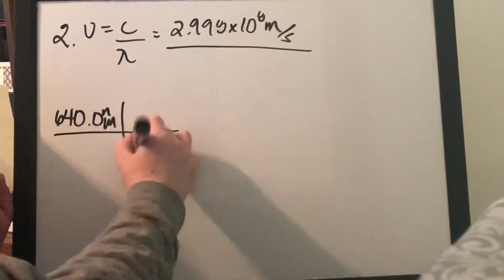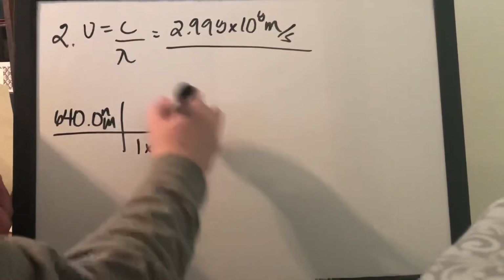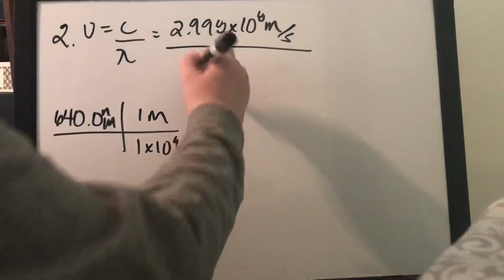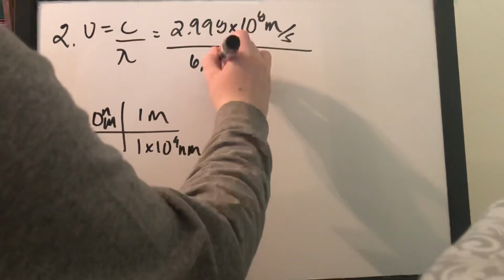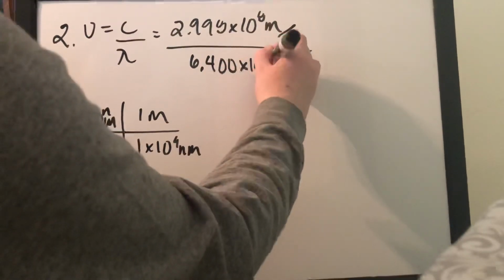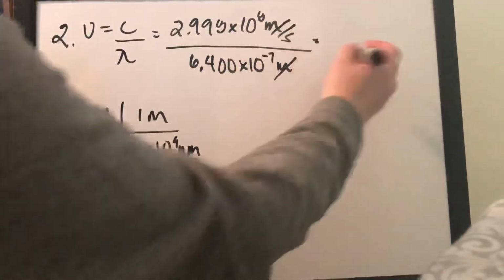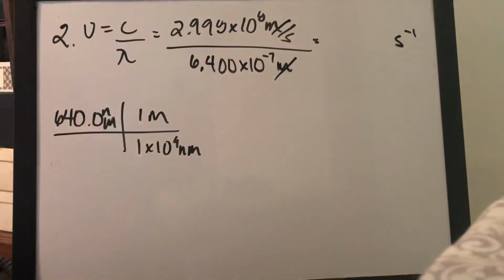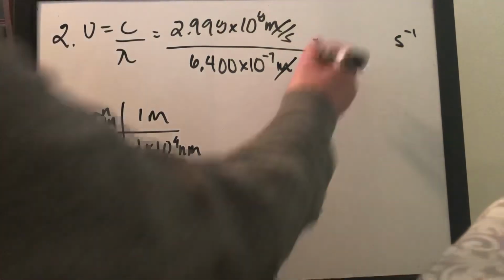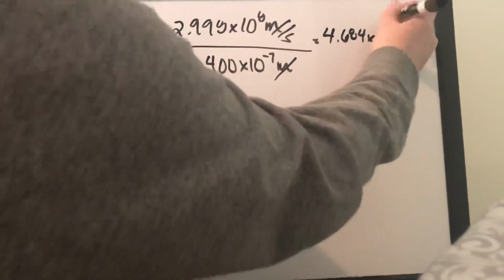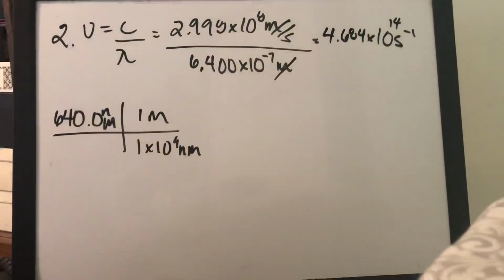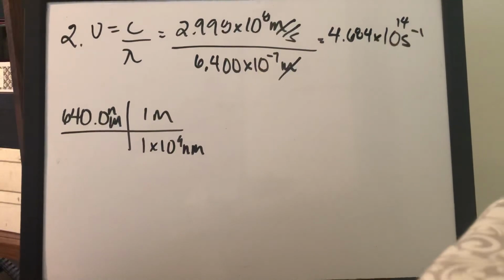Whoops, I need to change that to meters. It becomes 6.4, technically 6.40 times 10 to the negative 7th meters. My meters cancel. Again, I'm left with seconds to the negative 1. And in this case, to 4 sig figs, my answer is 4.684 times 10 to the 14th, seconds to the negative 1, or 1 over seconds.